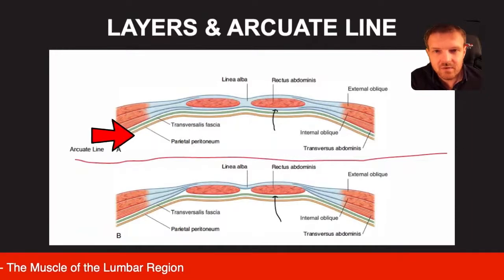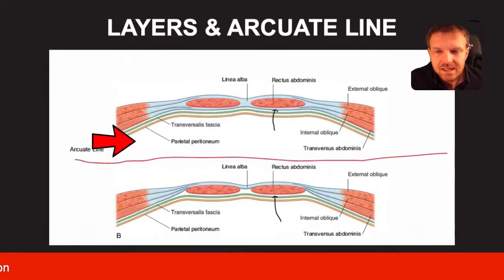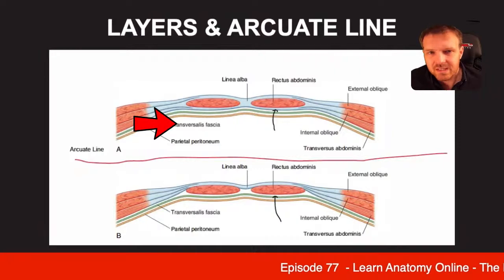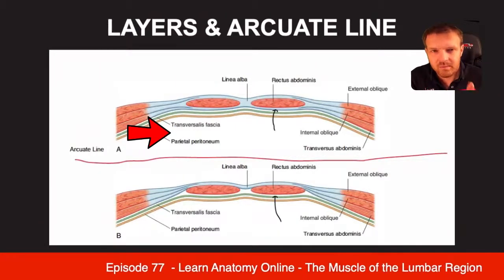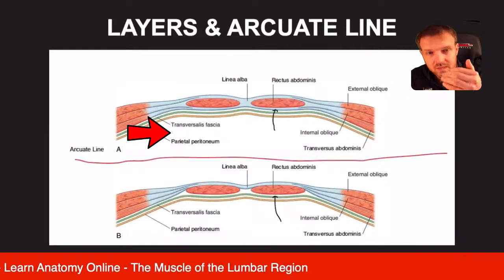Okay, then you've got this parietal peritoneum layer. Then you've got this next layer. Can you see that thin layer above the peritoneum? That's called the transversalis fascia, and we mentioned that last week when we were looking at the inguinal canal.